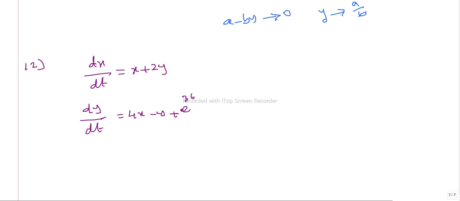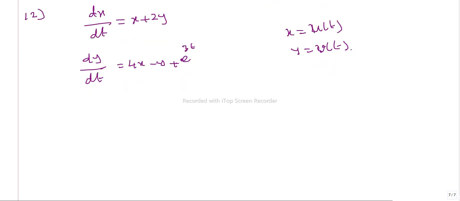So we need a solution x equal to what, y equal to what. So x is a function of t, y is also a function of t, because t is the independent variable, x and y are dependent variables here. So we have to solve the simultaneous equations. So how to solve this one?